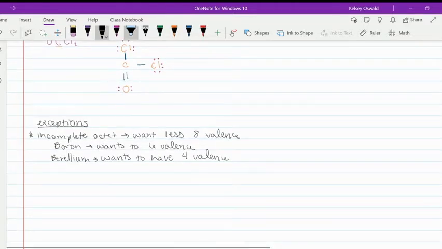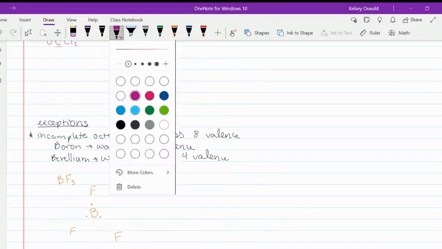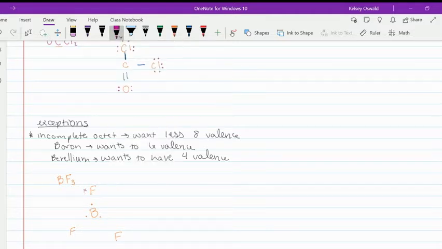What this would look like is if we had, let's say, BF3, so 1 boron and 3 fluorines. We'd put boron in the center, because we only have 1 of it, and then put our fluorines around it. Boron is in the same group as aluminum, so boron would start off with 3 valence electrons, and we know fluorine is going to start off with 7 since it's a halogen.